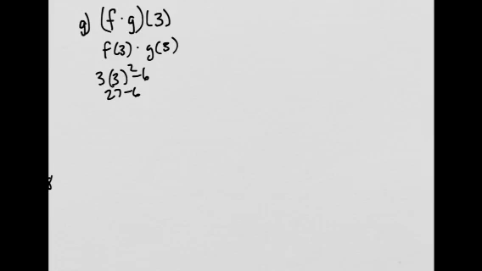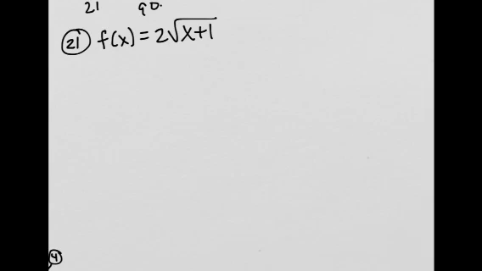So that's 21. And then you do g of 3. So g of 3 is 3 squared plus 4 times 3 minus 2. So that's 9 plus 12 minus 2. So that's 19. So then you take the 21 times 19, and that'll give you the answer.